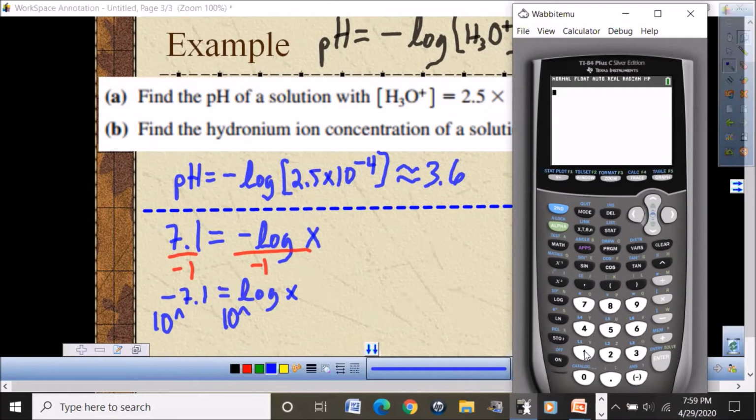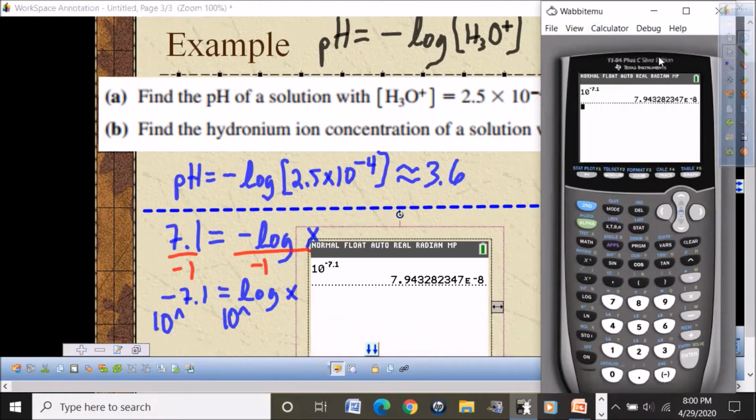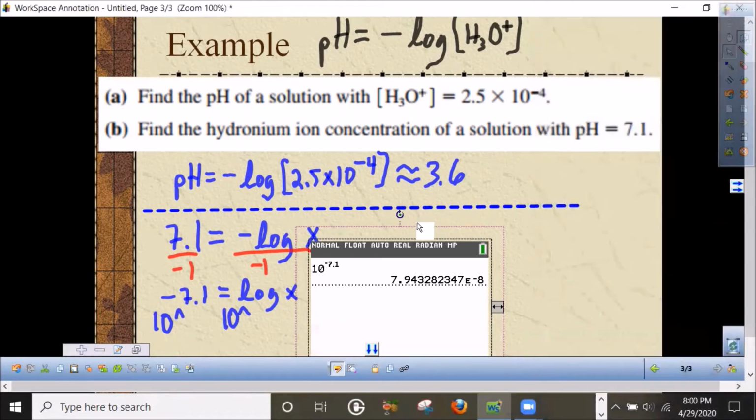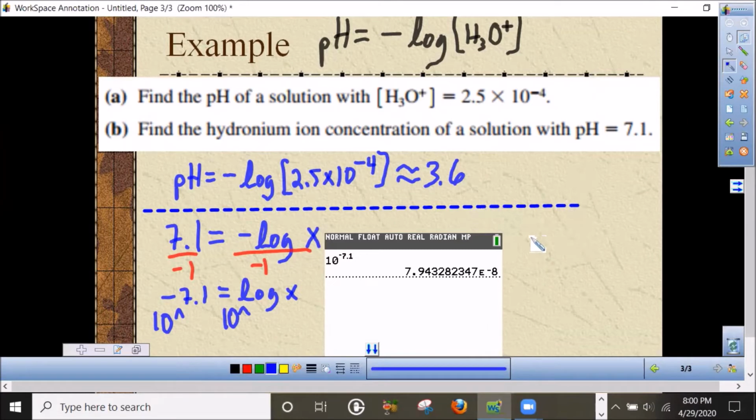On the calculator, I'll do 10 to the power negative 7.1. The result is a very small number. This is a number written in scientific notation, but don't use the calculator's version of scientific notation. Let's translate it into actual scientific notation. We'll write that x equals 7.9 times 10 to the negative 8th power.